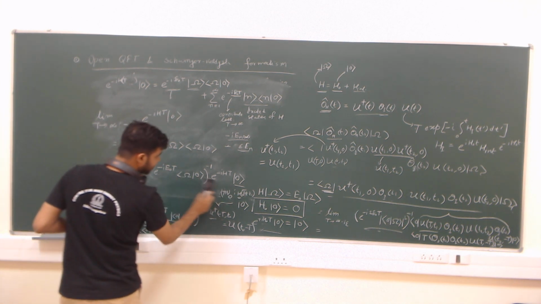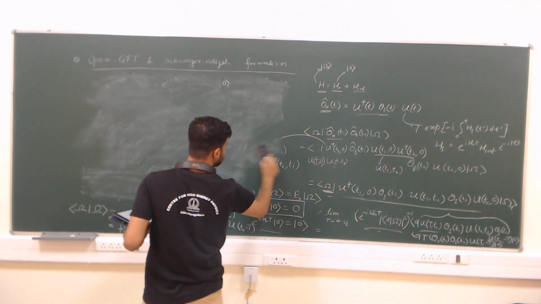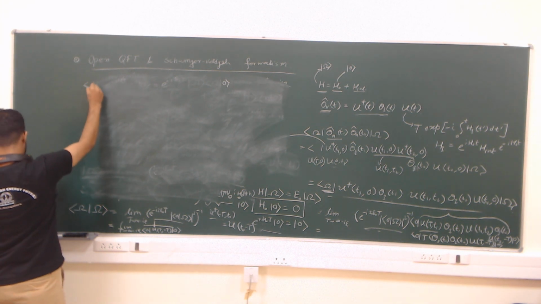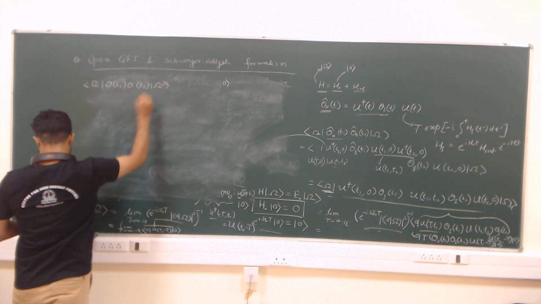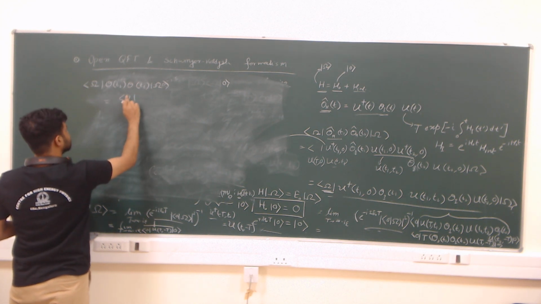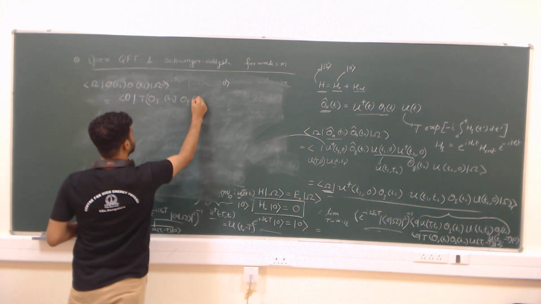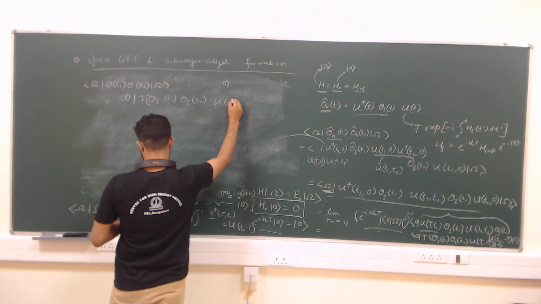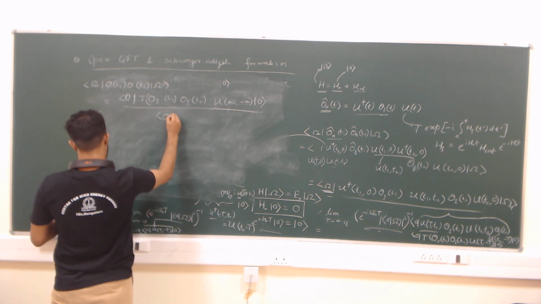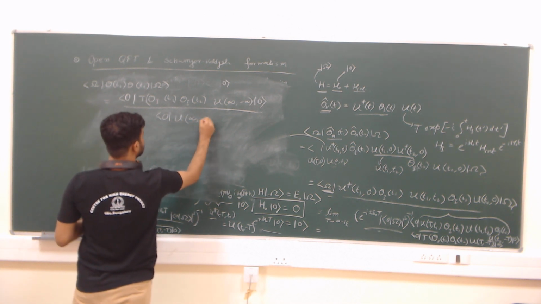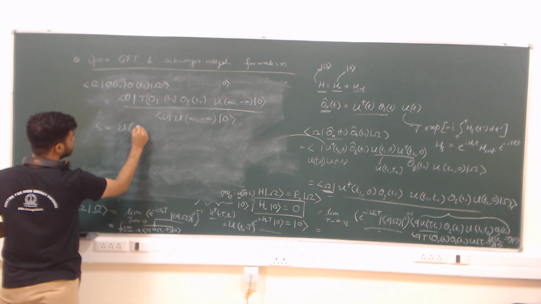And in my scattering picture, I know that if I take this capital T to infinity, then I get the scattering operator, which is the U(infinity, minus infinity) operator. This becomes this.